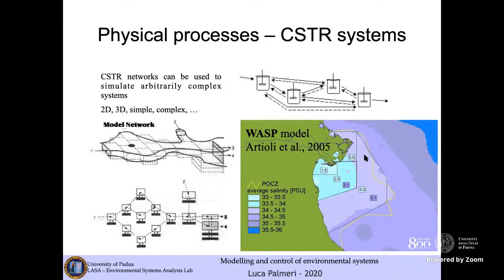And then we describe what happens to the salinity. It is a good indicator of the effect of a freshwater discharge, fresh water coming from a river onto the coastal area. So we describe how salinity varies. We employ a set of CSTRs describing the different parts of the coastal area, or the different parts of the sea area affected by the river discharge.